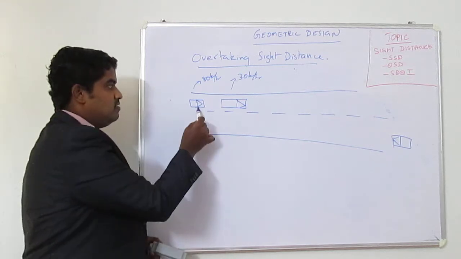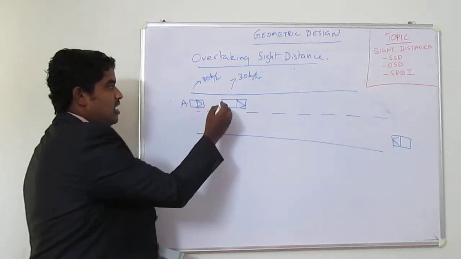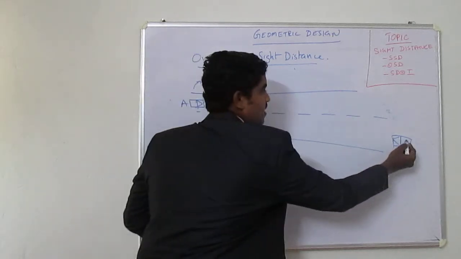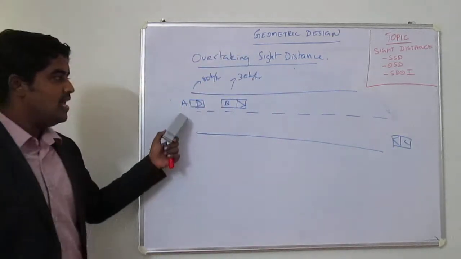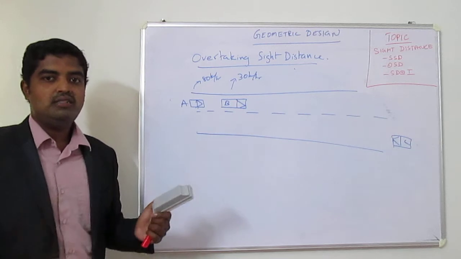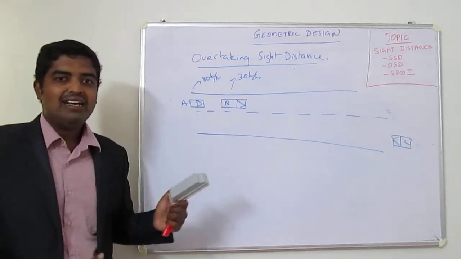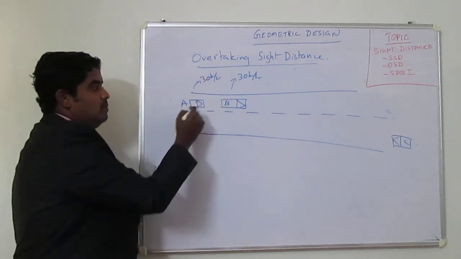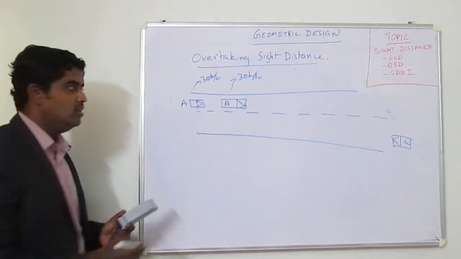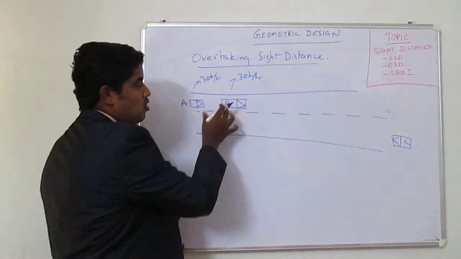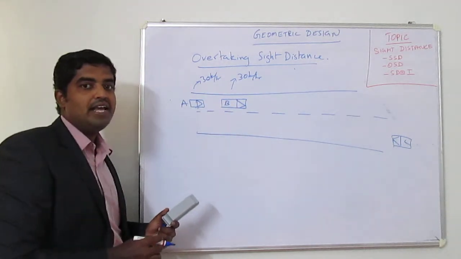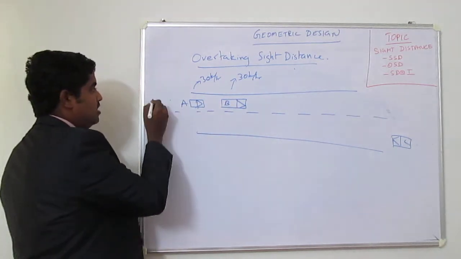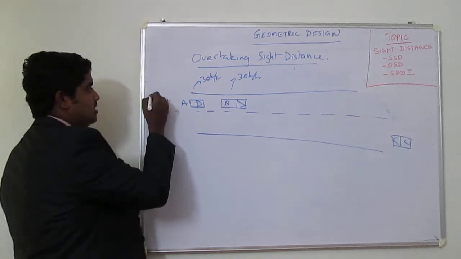When the vehicle wants to overtake the slow moving vehicle, what will be the first step? Let this be vehicle A, let this be vehicle B, let this be vehicle C. Vehicle A's first step will be reducing its speed. It will decelerate until its speed equals that of the slow moving vehicle, and keep following vehicle B. Say vehicle A is coming from this direction.